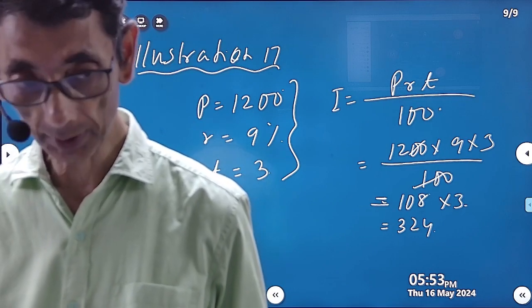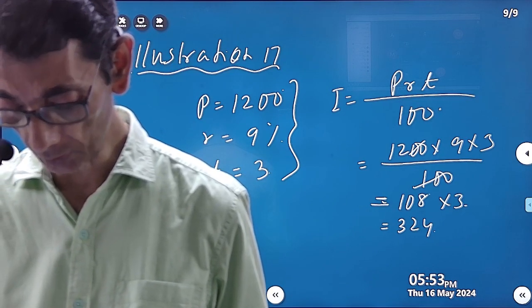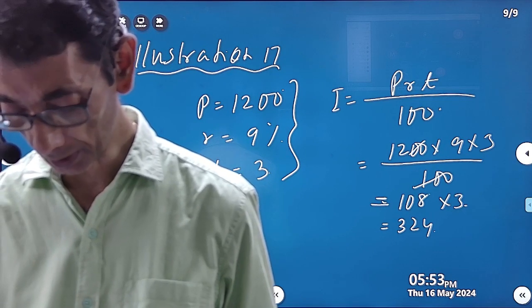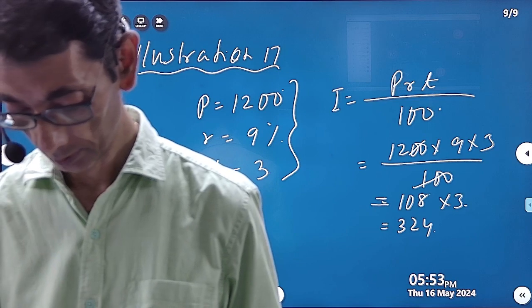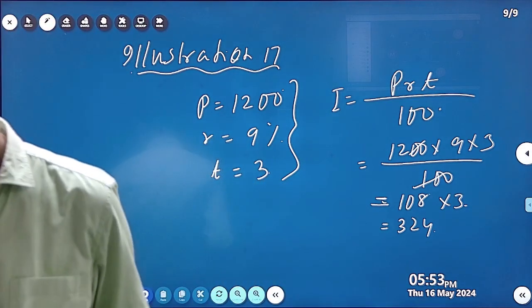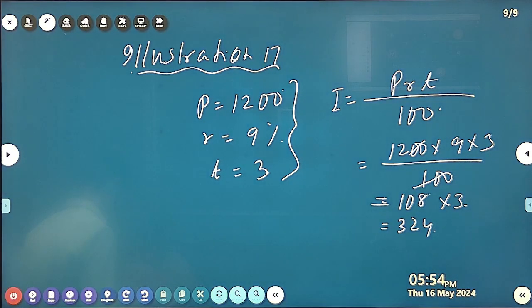Annuity is a periodical flow of money, where at equal intervals of time equal quantum of money flows.